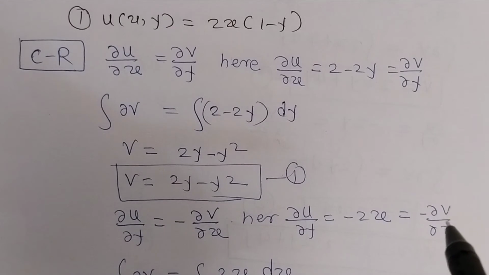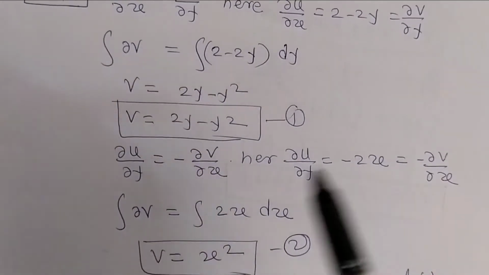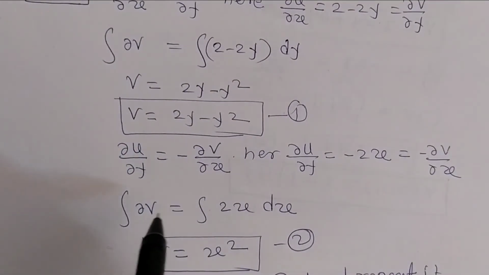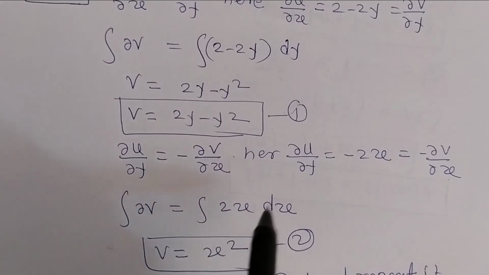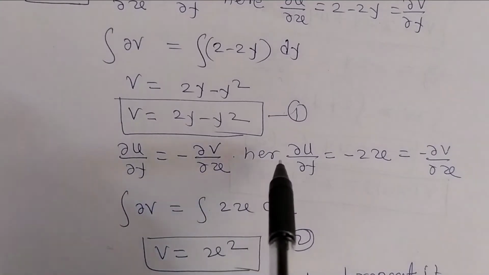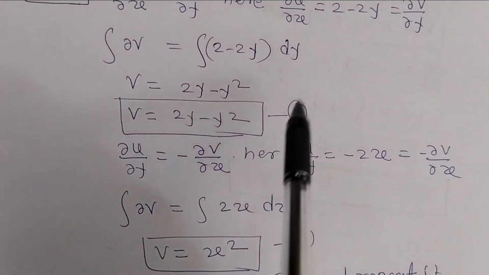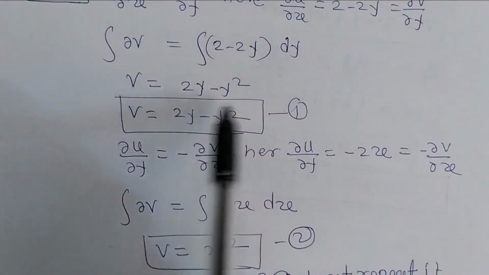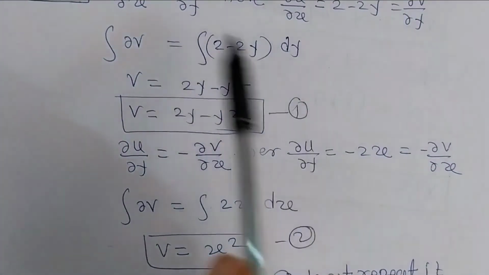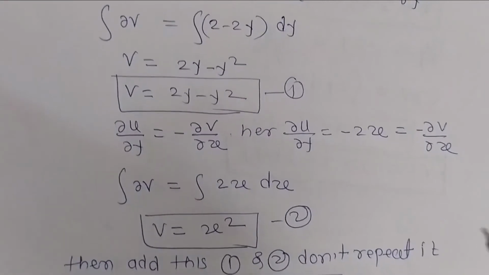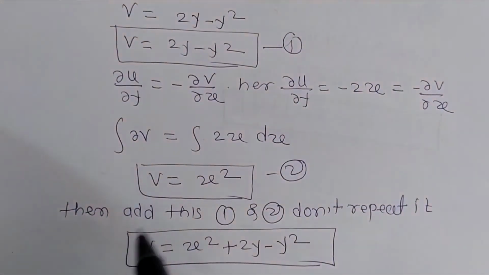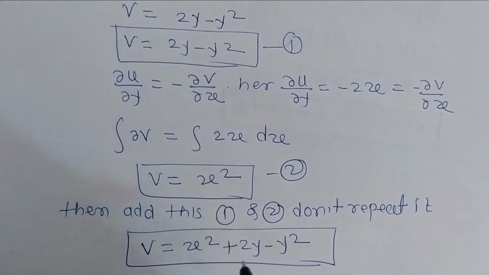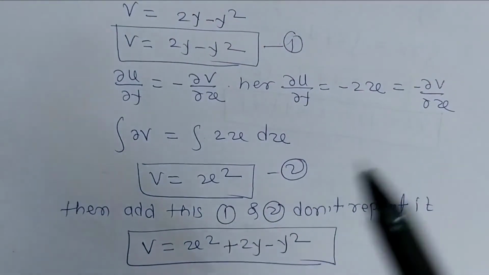When we integrate this, the integration of dou v is equal to the integration of 2x dx, so v is equal to x square. Here there is no repeated term, so we add these two terms and we get the value of v, that is x square plus 2y minus y square. This is the value of v.